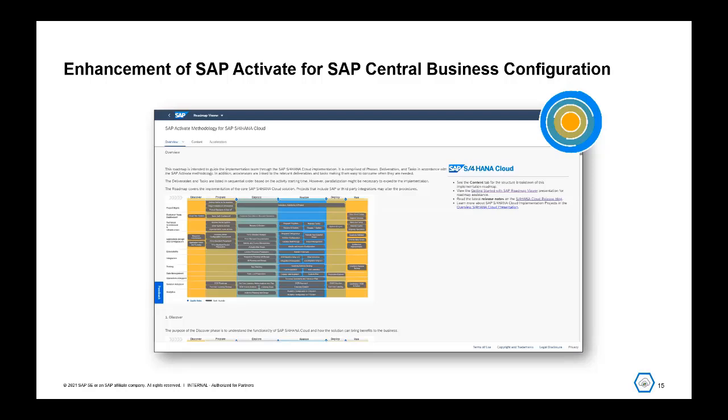I do want to point out, and it's probably one of the key takeaways, that SAP Activate and Central Business Configuration coexist and complement each other throughout the implementation process. They do not contain overlapping information, but rather CBC extends the guidance of SAP Activate deeper into the solution.